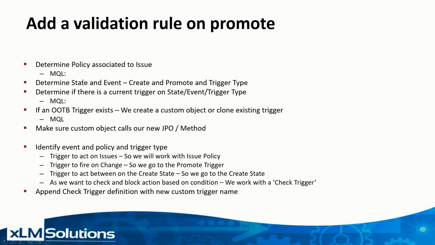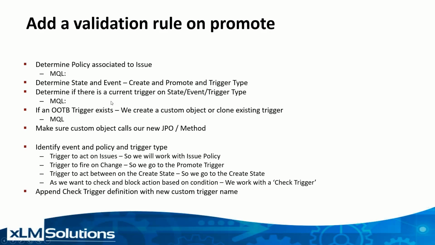And we can run MQL to get that policy information so we know where we can put our trigger in. We need to determine the state and the event where that trigger would happen. It would happen on promote, and on what state within its life cycle would it happen? Perhaps moving from create to in work.